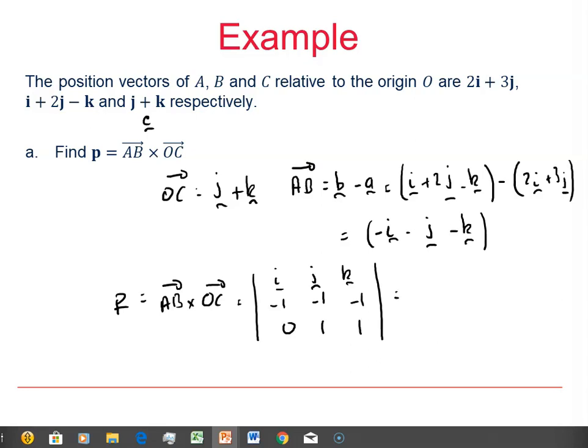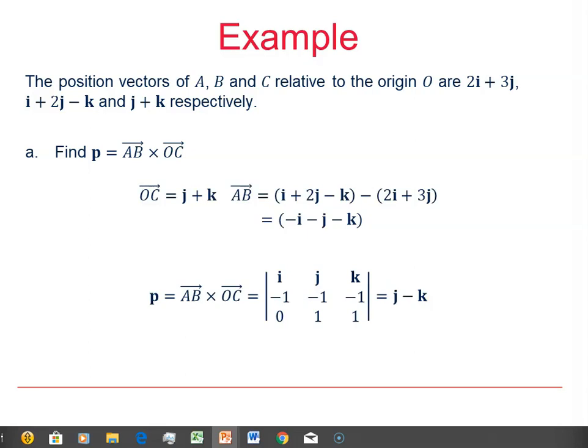And when you calculate that, you will get J minus K. So just check through that and make sure you're happy with what we've done so far.